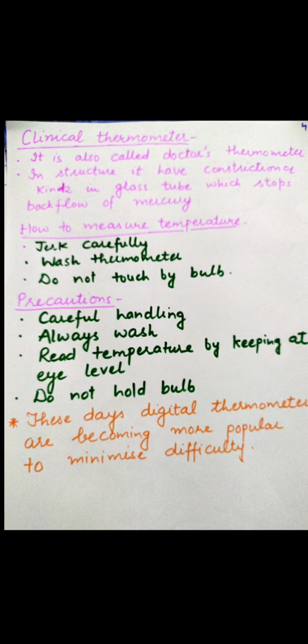Similarly, when you are measuring the temperature with the thermometer, it should be at eye level. And do not hold the bulb. Never touch the thermometer at the bulb. These days digital thermometers are becoming more popular because these precautions and handling difficulties do not apply to the digital thermometer. It will give you the digital reading in the form of a display.